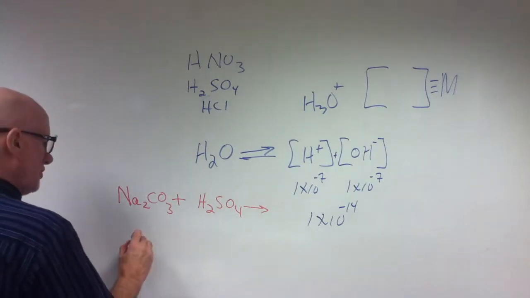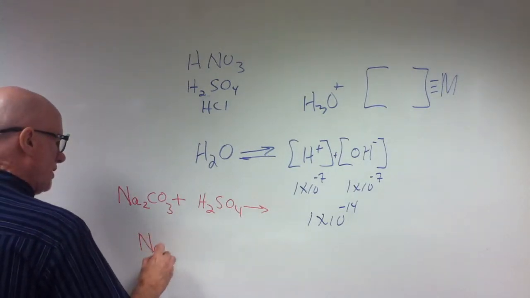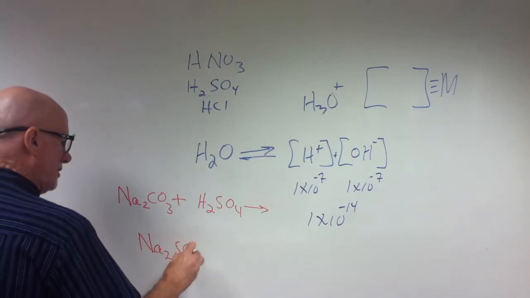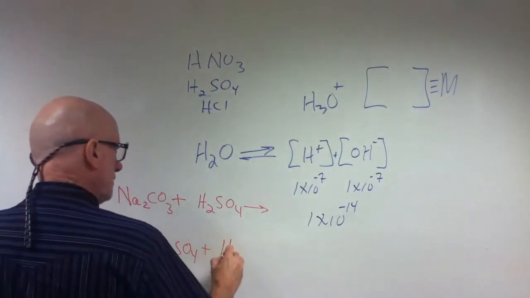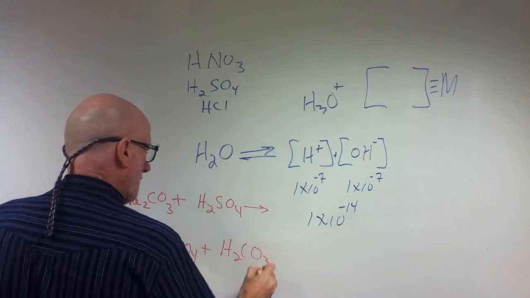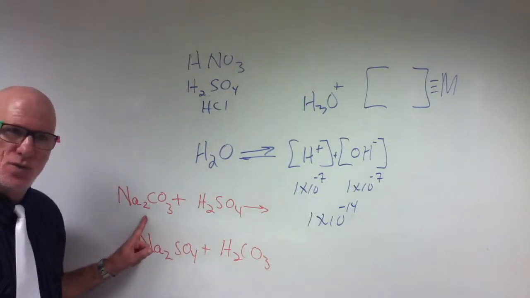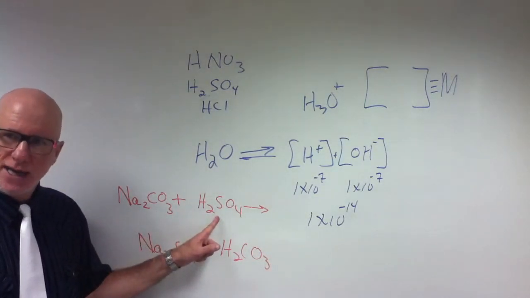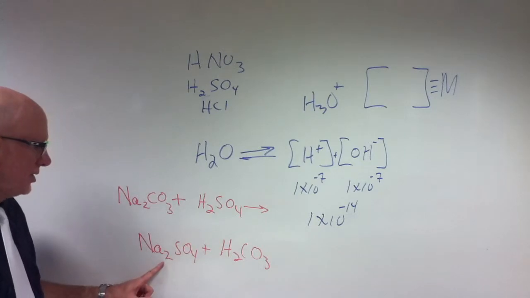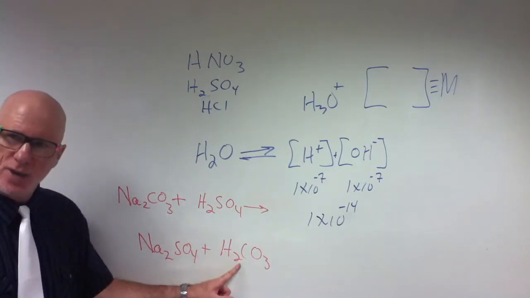You produce sodium sulfate plus carbon dioxide. So if you take the salt of a weak acid plus a strong acid, you're going to produce the salt of a strong acid and a weak acid.